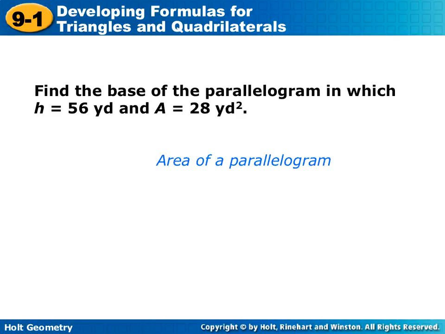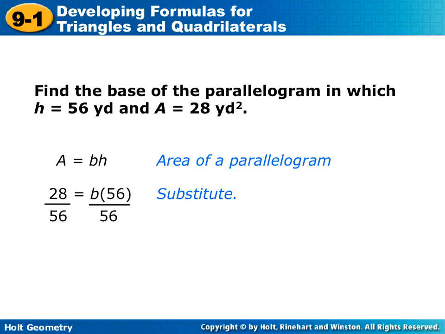So the correct formula is area is base times height. We know A is 28, H is 56. What are we gonna divide by to solve? Divide by the 28 or the 56? 56. So it ends up a half. The unit was yards, so half of a yard.